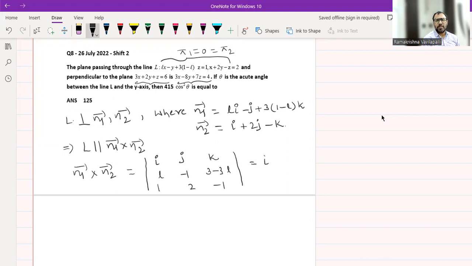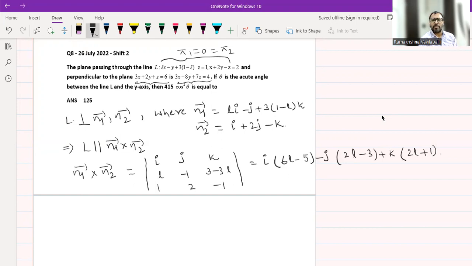This is equal to i into (1 minus 6 plus 6L), so 6L minus 5, minus j into (minus L minus 3 plus 3L), which means 2L minus 3, plus k into (2L plus 1), so 2L plus 1.